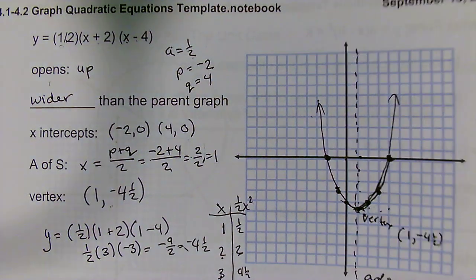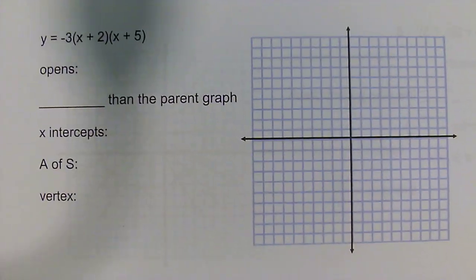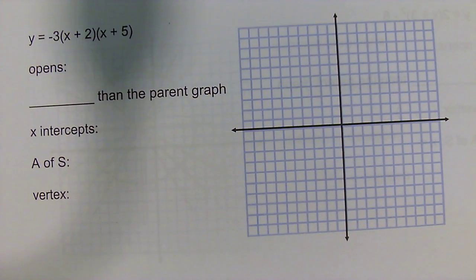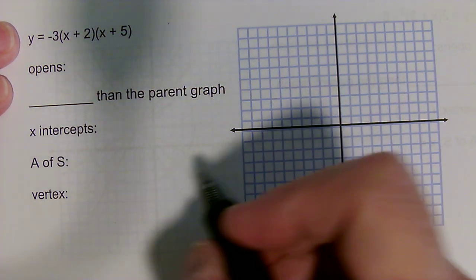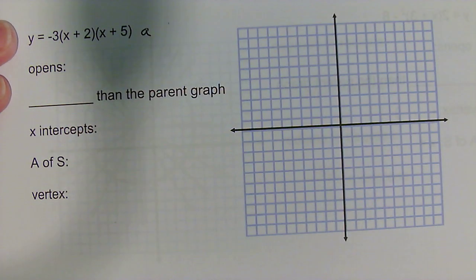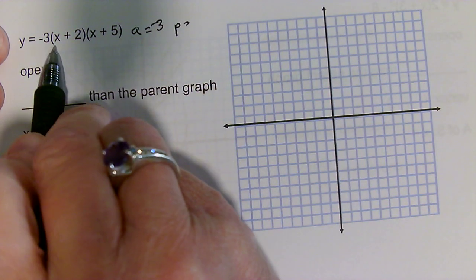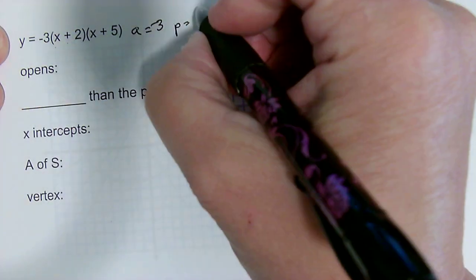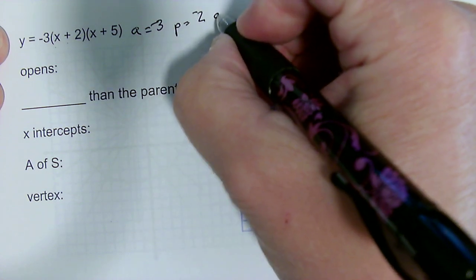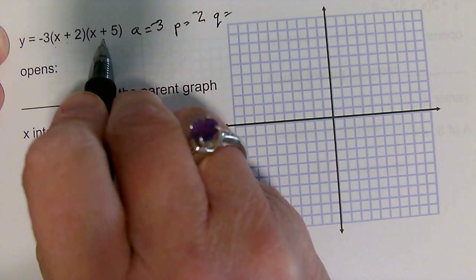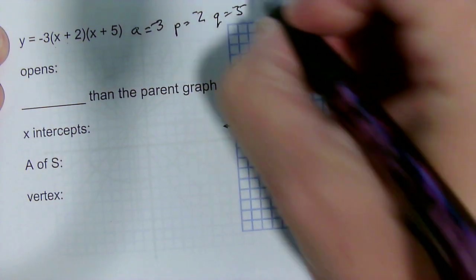So let's look at another one like that. In this case, a is -3. P is, remember, it's x minus -2, so that'd be -2. And Q, x minus -5, would be -5.